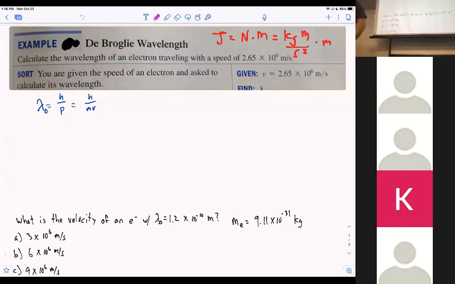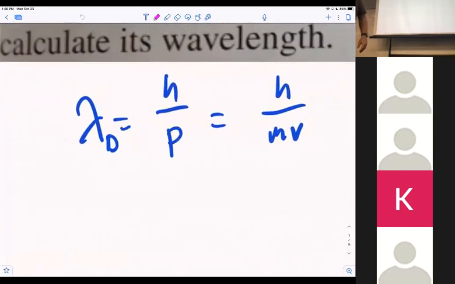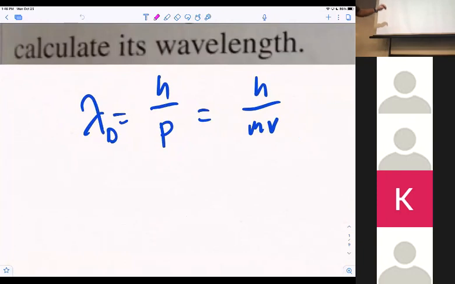I know we're skipping quite a bit of physics here, but there's something called a de Broglie wavelength. The de Broglie wavelength is Planck's constant divided by the momentum. P is momentum. Momentum is also mass times velocity. So Planck's constant h divided by mass times velocity.